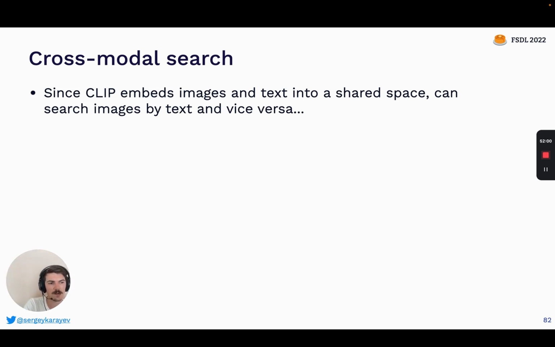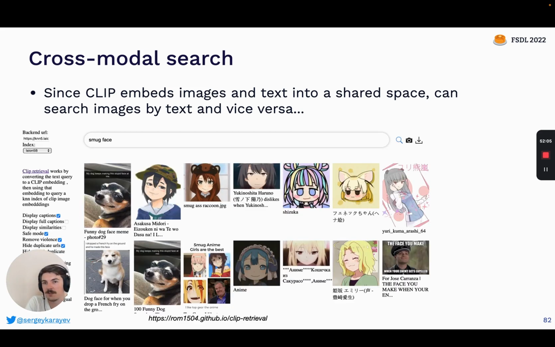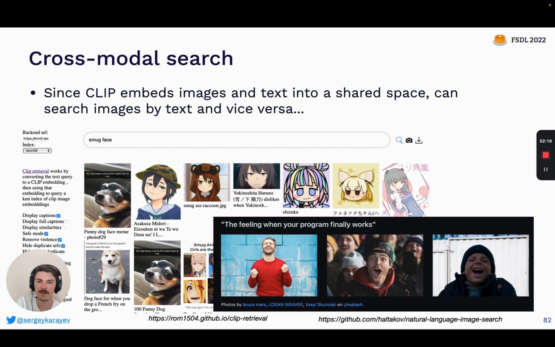So that means we can embed a bunch of images and then search them by text, or search text by images, vice versa. So LAION has a demo where you can search the LAION 5 billion image dataset by either text, or you can see similar images.